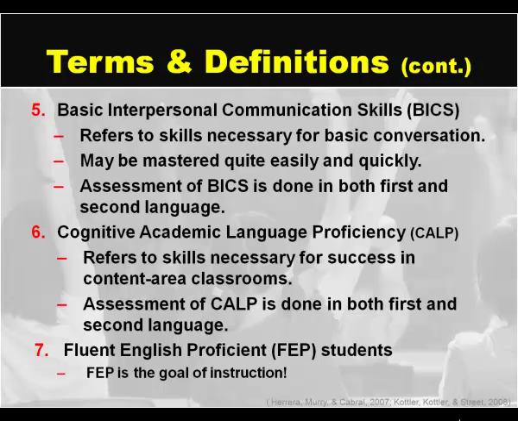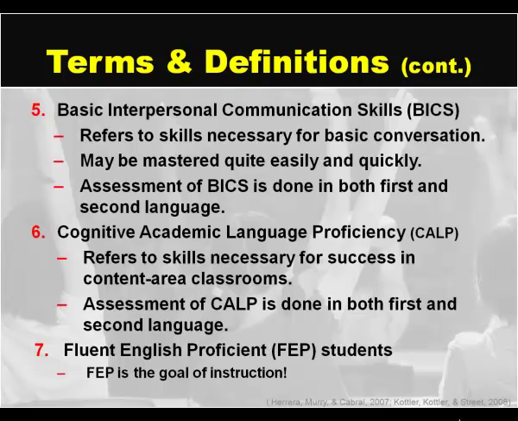Number 5, basic interpersonal communication skills, acronym BICS. This refers to skills necessary for basic conversation, may be mastered quite easily and quickly. Assessment of BICS is done in both first and second language.